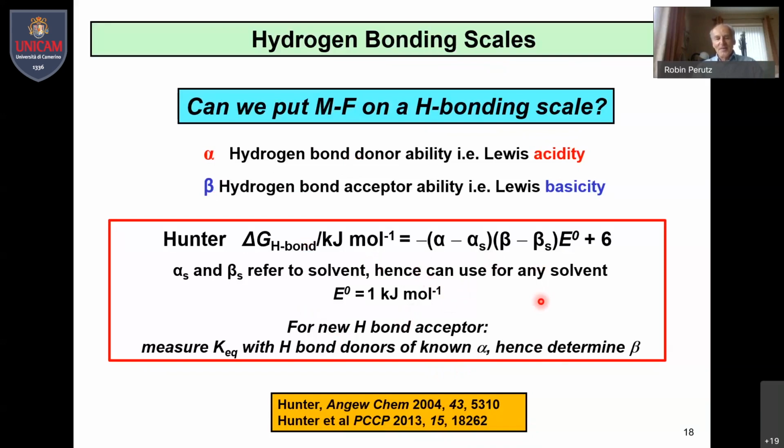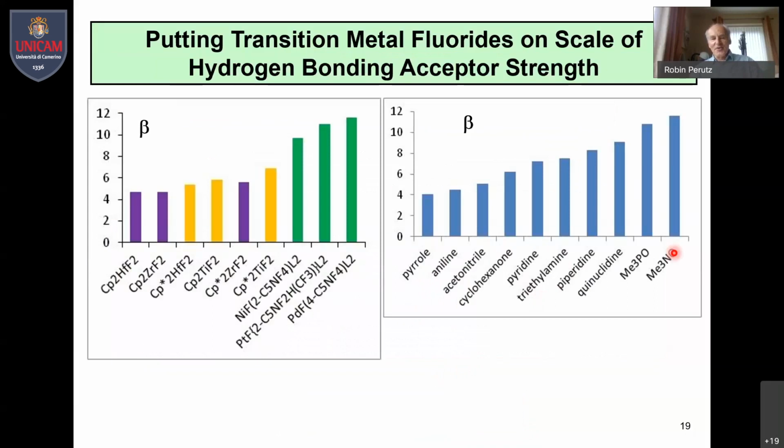So I want to move to the results and show you what you see. What I've got here is a plot of the beta values we determined for those group 4 complexes and 3 of the group 10 complexes.